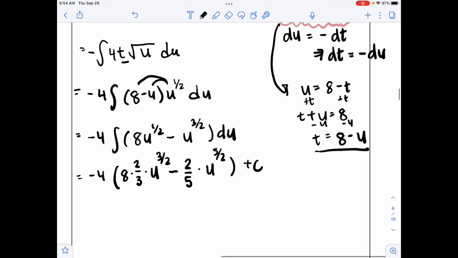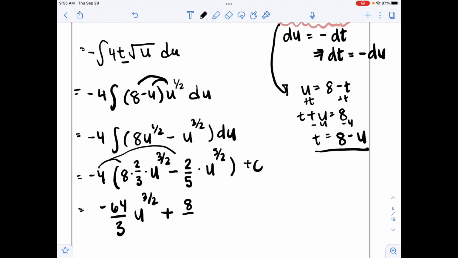From here, we just need to clean this up a little bit. So we would have multiplying this negative 4 into both of these terms. We get 8 times 2, which is 16, times the negative 4, which is negative 64 over 3, u to the 3 over 2, minus, and that negative times the negative would actually make this become a plus, and we end up with 2 times 4, which is 8 over 5, u to the 5 over 2, plus c.